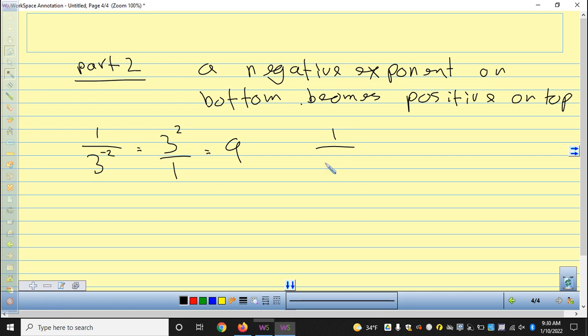1 over negative 2 to the third is negative 2 to the third. I can think of that as over 1. And negative 2 to the third is negative 2 times negative 2 times negative 2, which is negative 8.